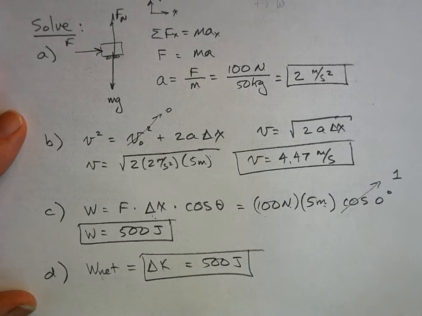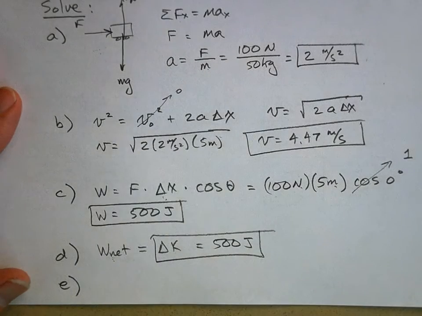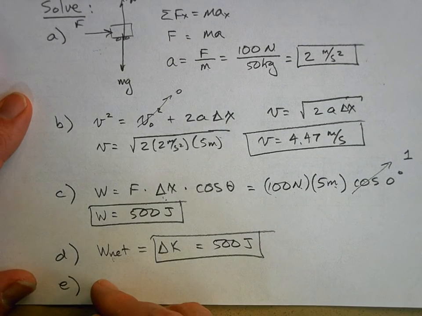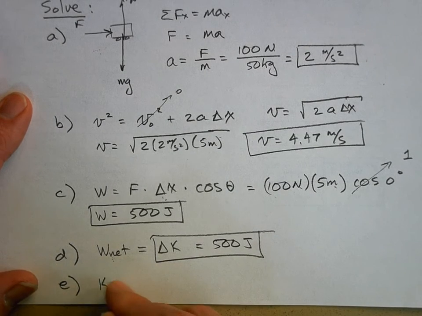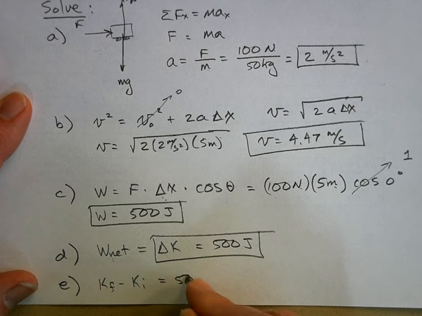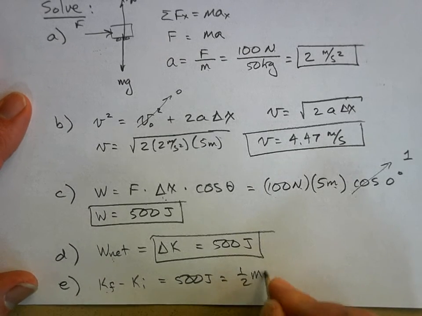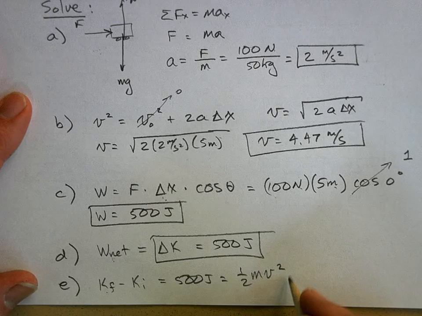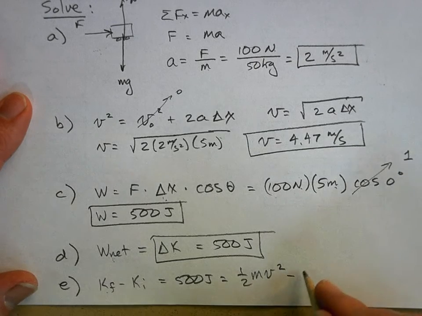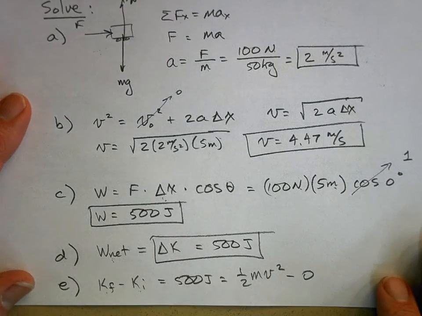And then finally, part E. Well, delta K is K final minus K initial equals 500 joules. Well, K final is 1/2 mv squared minus K initial, but K initial is 0. The initial velocity is 0, so I'll just put minus 0.